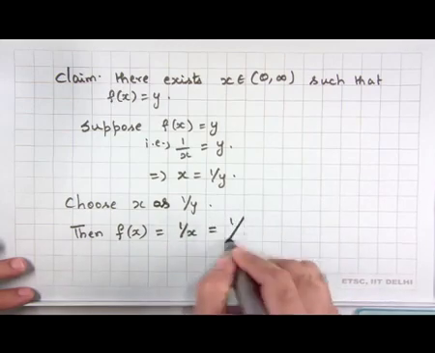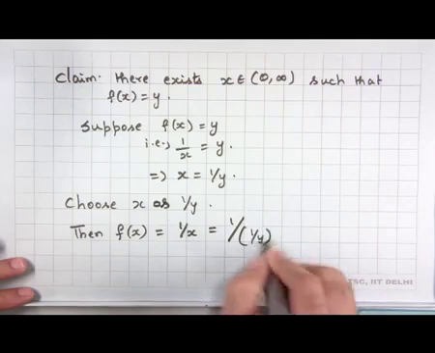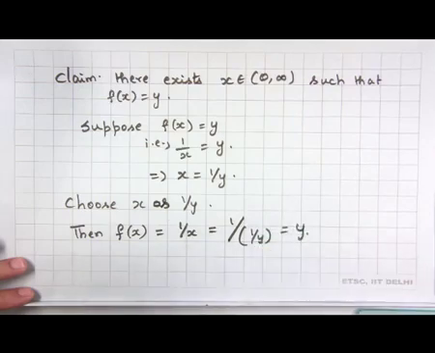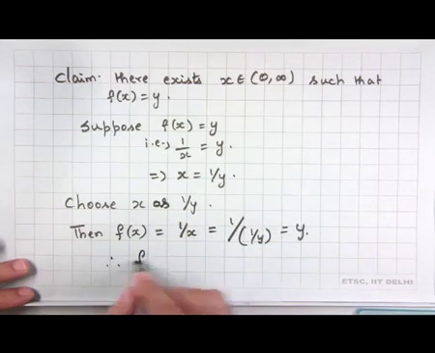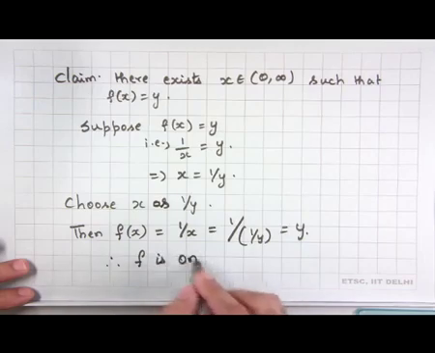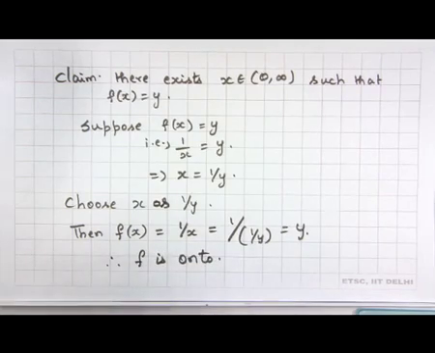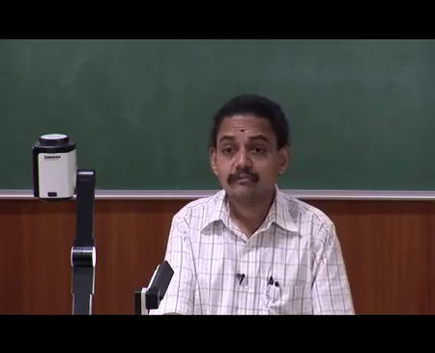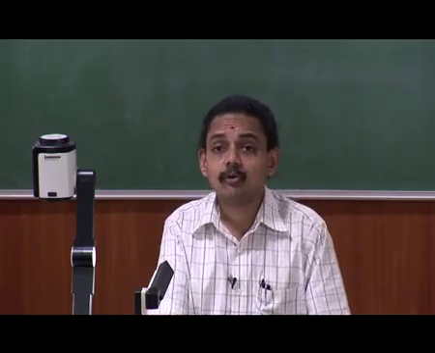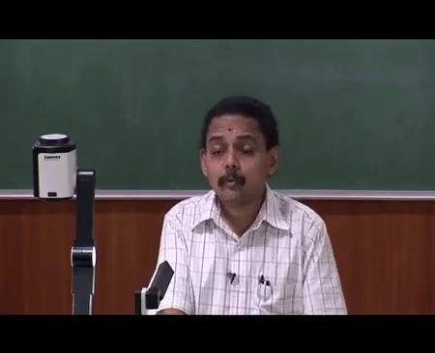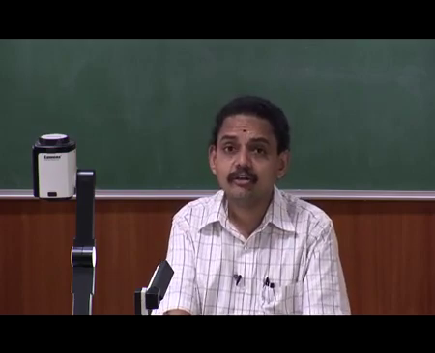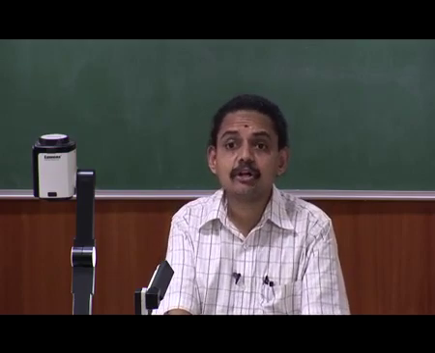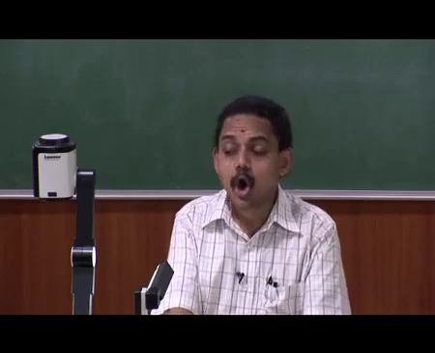So, this is 1 by y which is going to be y, therefore, f is onto. So, thus we have shown that the function f x equal to 1 by x from the open interval 0 comma infinity to the open interval 0 comma infinity is an onto function.